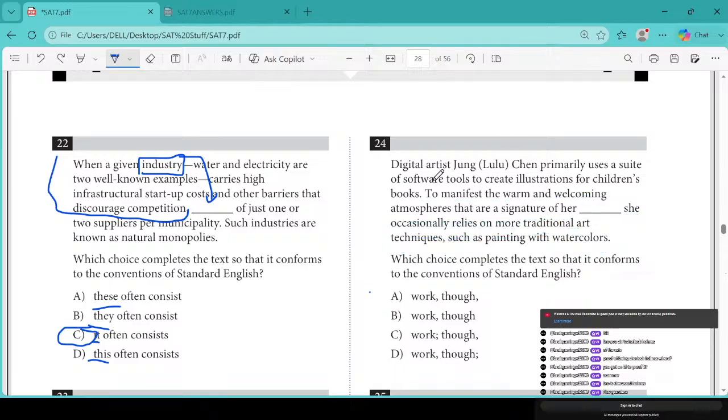So, to manifest the warm and welcoming atmospheres that are a signature of her work, though she occasionally relies on more traditional art techniques, such as painting with watercolors.